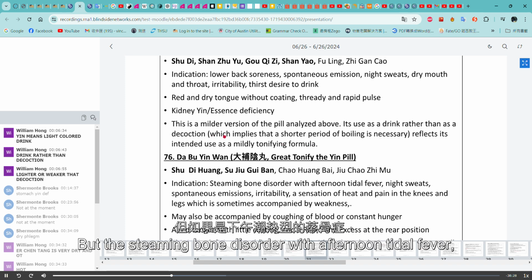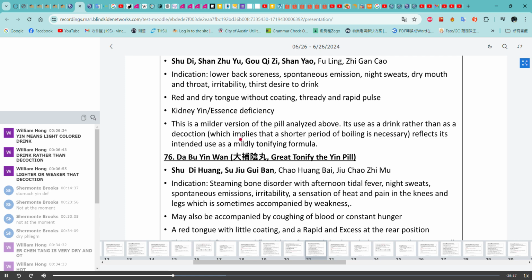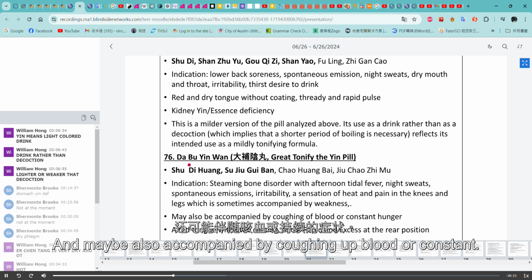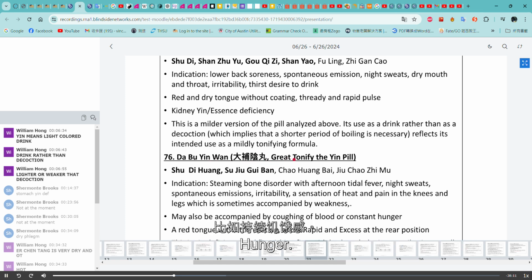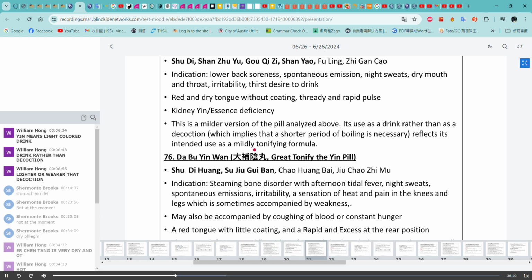But the steaming bone disorder with afternoon tidal fever, night sweat, spontaneous sweating, irritability, this is more excess heat due to deficiency. And maybe also accompanied by coughing of blood or constant hunger. So coughing of the blood, why do you think it's coughing the blood? And what is the constant hunger?